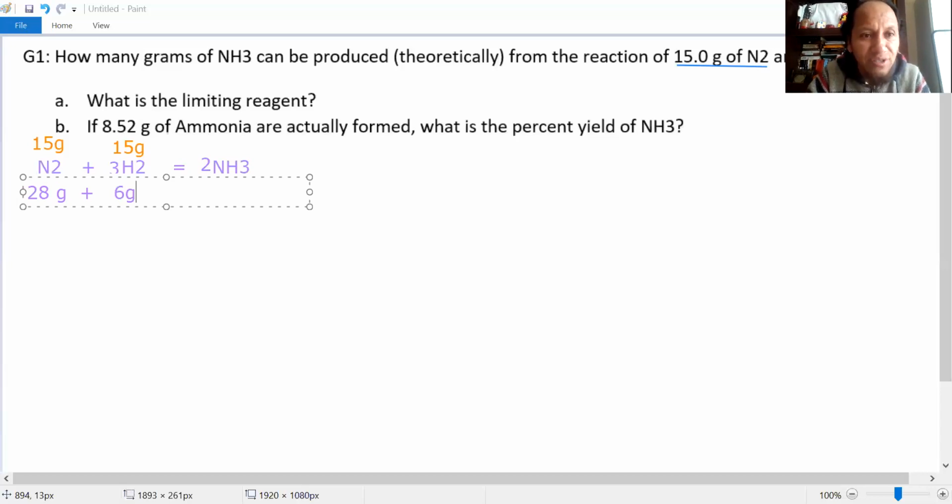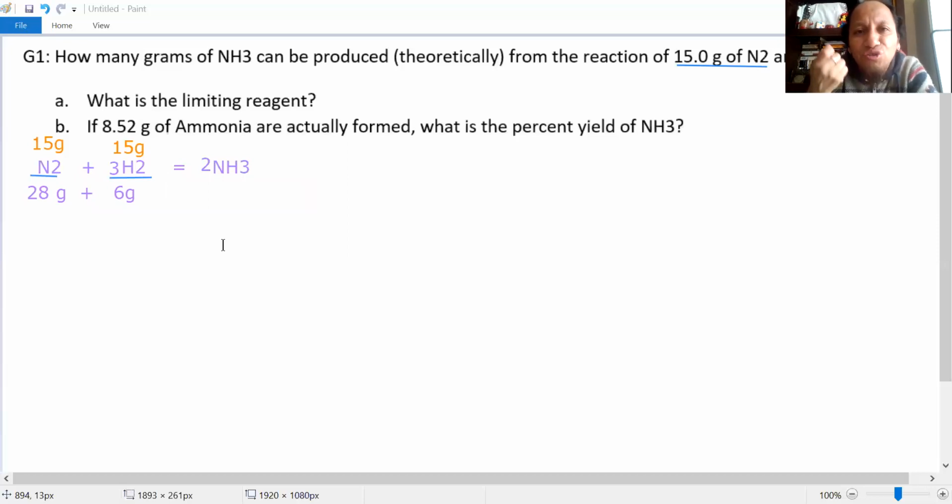That's going to give you equals 14 from nitrogen plus 3 from hydrogen, 17 times 2, 34 grams. But that mass is not important at this moment. Just the two masses I am comparing, because I gave you double data.